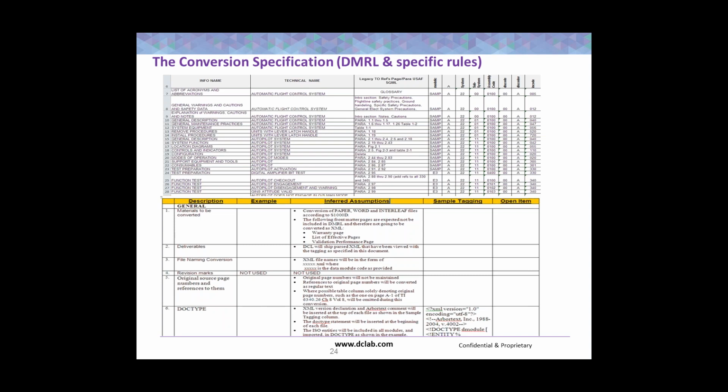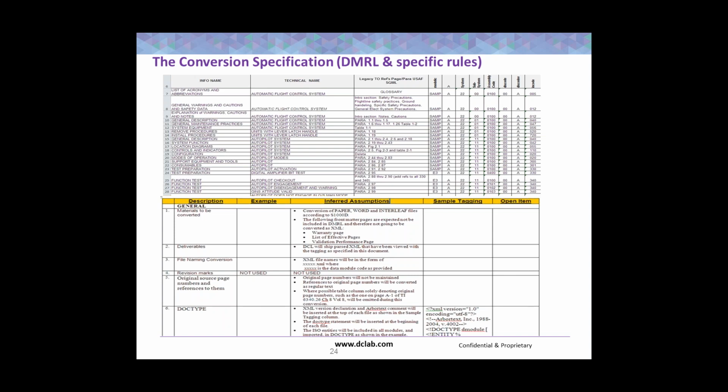Some table of content in your legacy data might cover only the first 2 or 3 levels of hierarchy. And many documents, especially old legacy data, could have a lot more levels of hierarchy, which you may want to separate into different data modules.